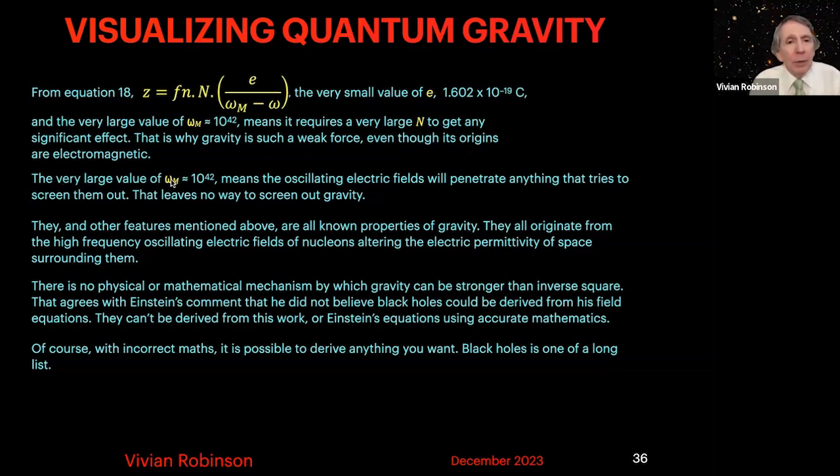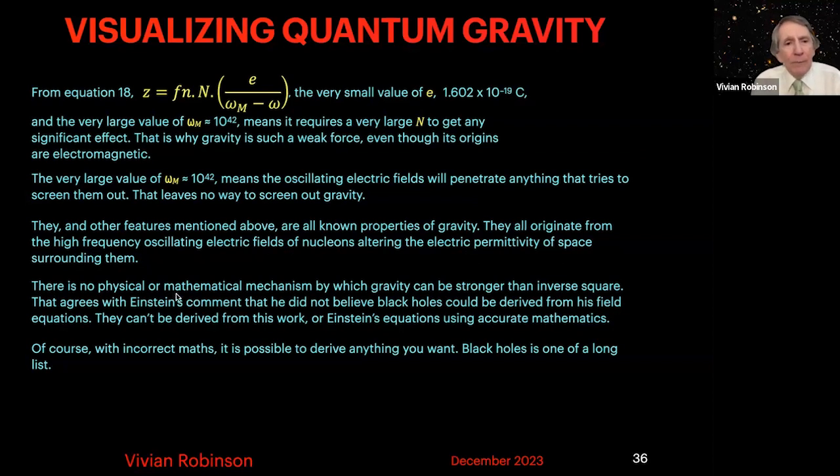The very large omega m equals 10^42 means oscillating electric fields will penetrate anything that tries to screen them out. That leaves no way to screen out gravity, and that has also been observed. They and other features mentioned above are known properties of gravity. They all originate from the high-frequency oscillating electric fields of the nucleons, altering the electric permittivity of space surrounding them.